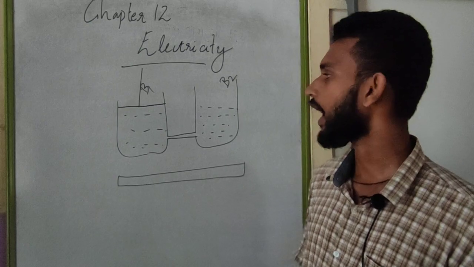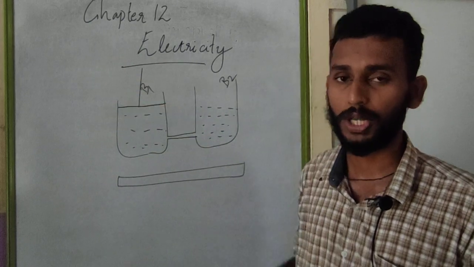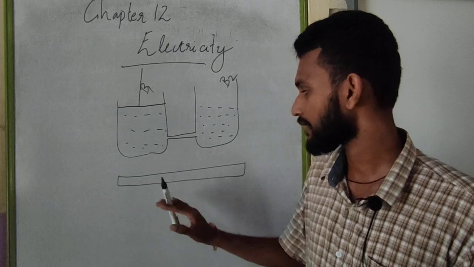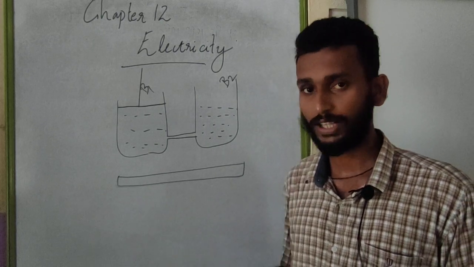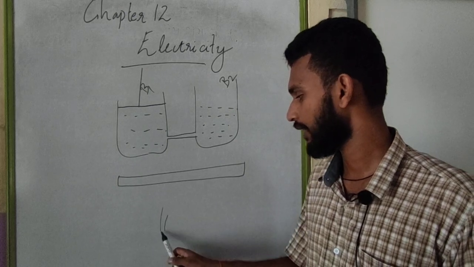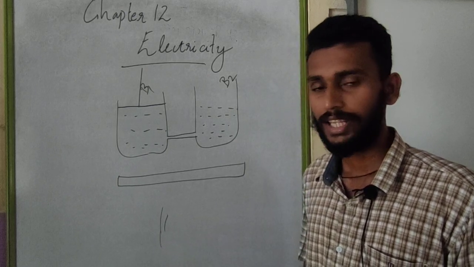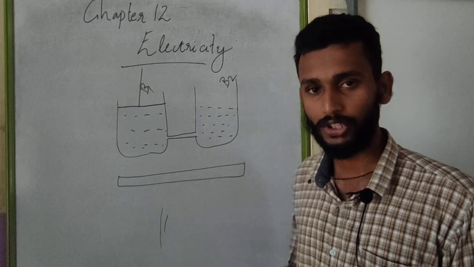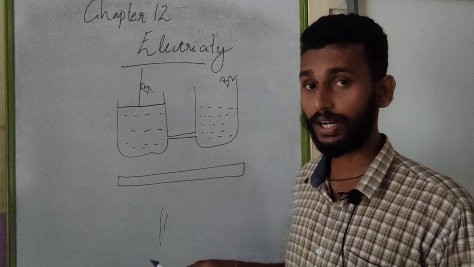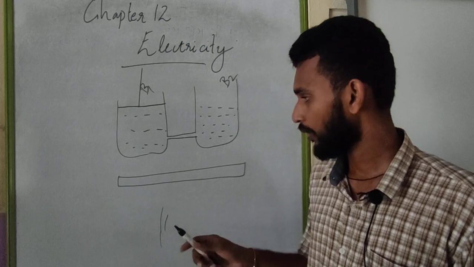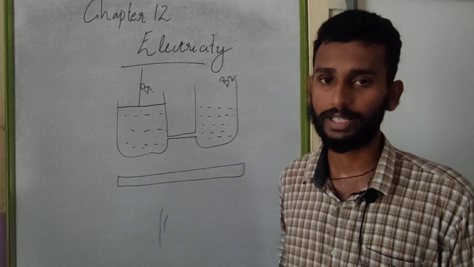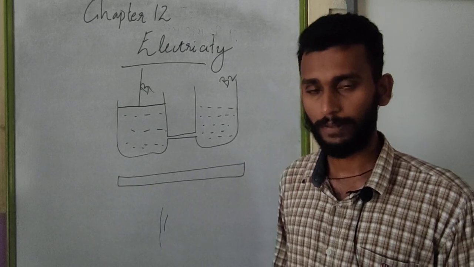So for that you have to apply some external pressure. In the case of a conductor, you achieve that external pressure with the help of a battery, and that is known as the potential. The external pressure that you apply for the flow of current or flow of charge through the conductor is known as the potential.